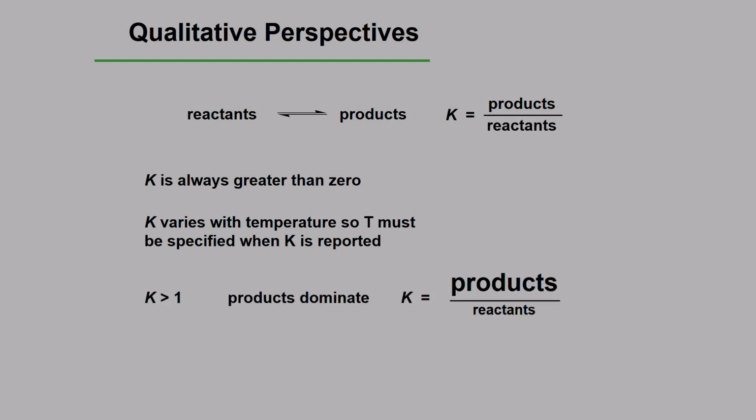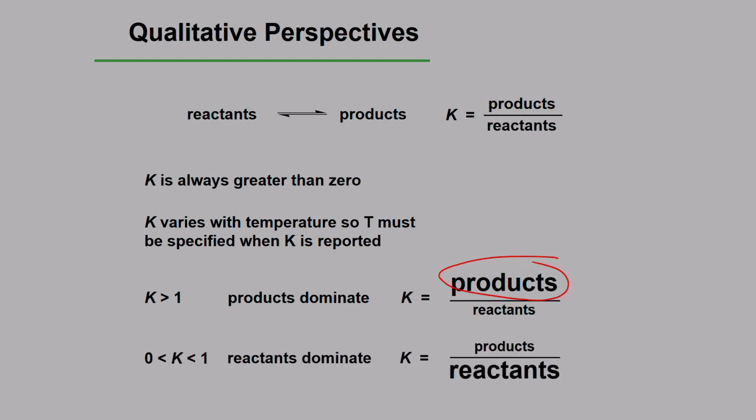And if we have a K that's much greater than 1, this means that our products are going to dominate in the reaction. If, however, it's some number between 0 and 1, this means our reactants are probably going to dominate and there's not very much of our products.